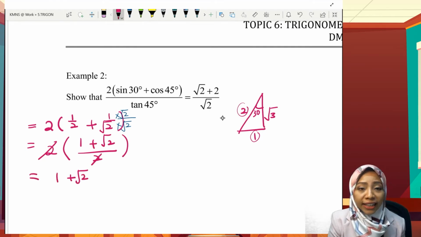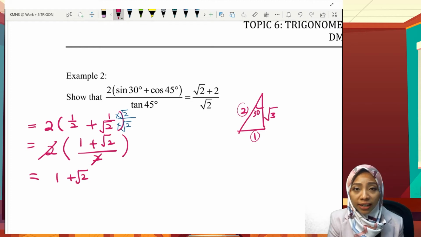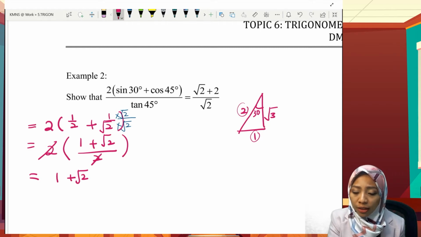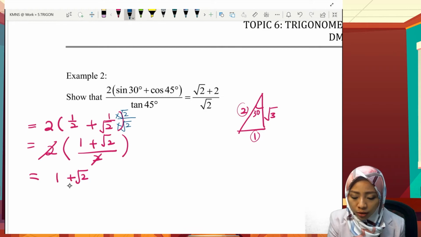But we have not yet got the right hand side here. Since the right hand side has root 2 on the denominator, we have to multiply with root 2, top and bottom.